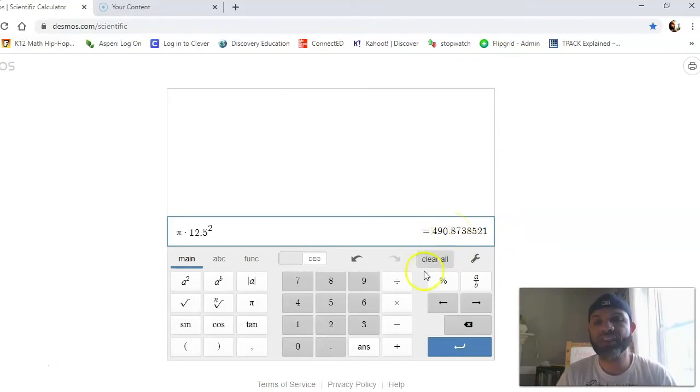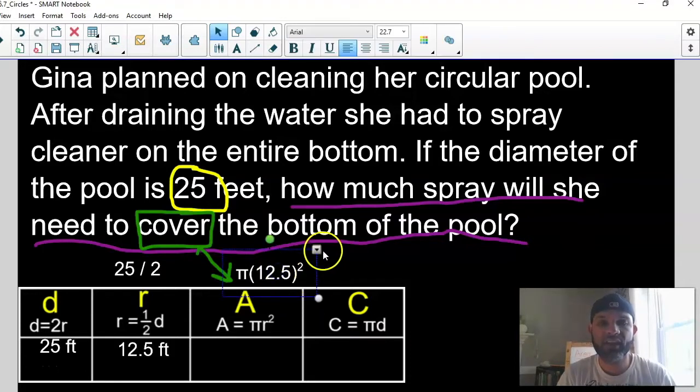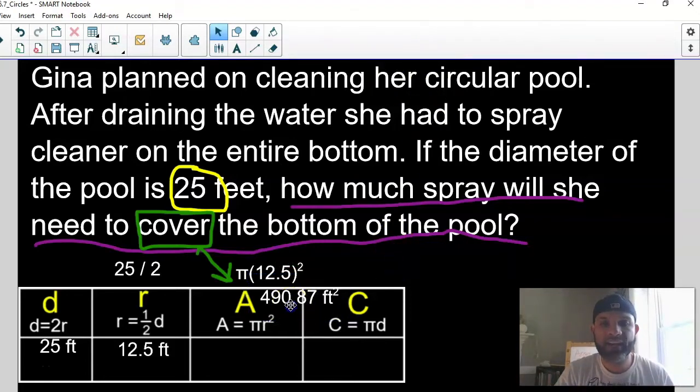So 490 and 87 hundredths is our area. 490.87 feet squared. That's how much area she's going to have to spray.